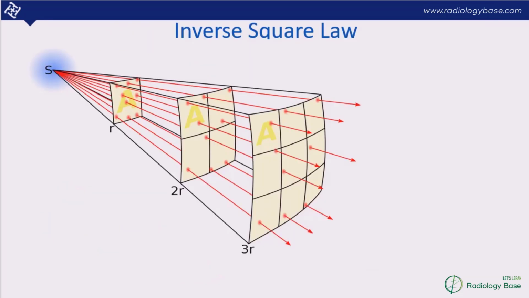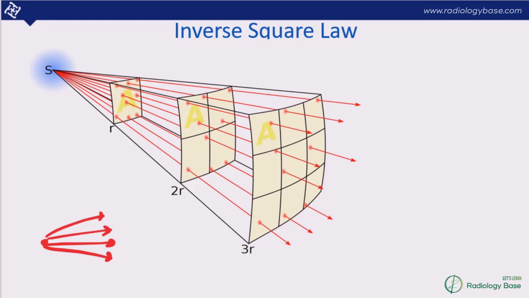The last topic of this talk is the inverse square law. The inverse square law is a property of electromagnetic radiation. We have known that they all travel in a straight line, and, keeping in mind the energy fluence rate, which is also the beam intensity, that is also going to reduce because the beam is going to scatter out.